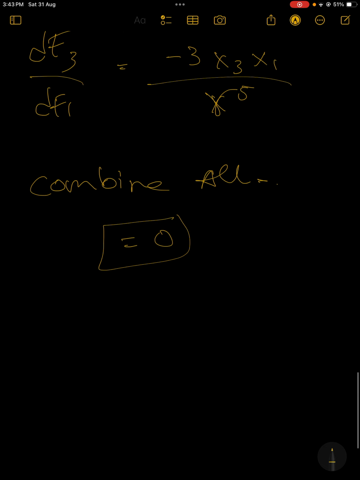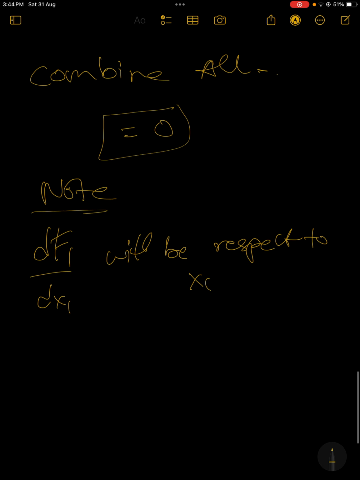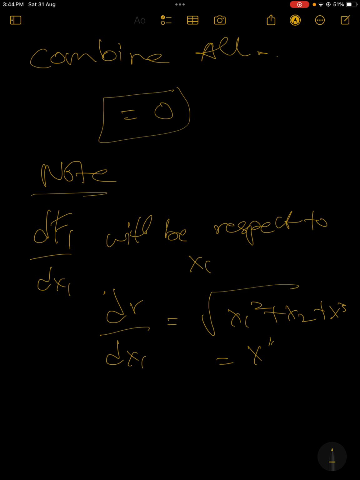So note, when we say df1 divided by dx1, this will be with respect to x1. If you have a magnitude, you're going to take the derivative of r with respect to x1. So it's going to be x1, for instance, divided by r, and so on.